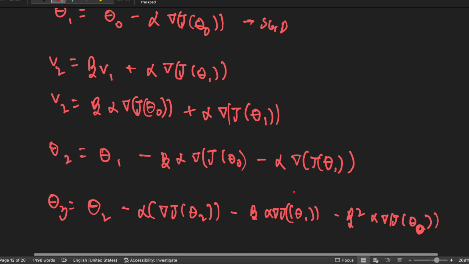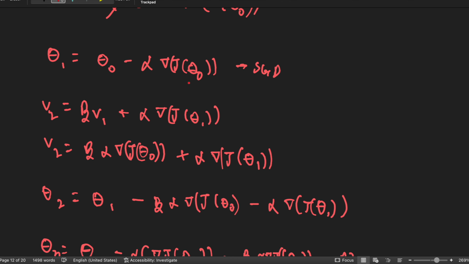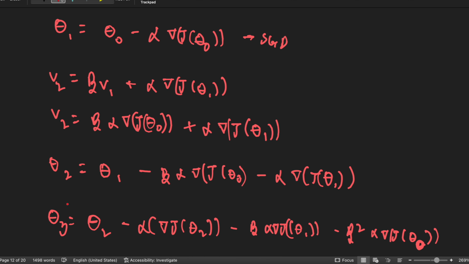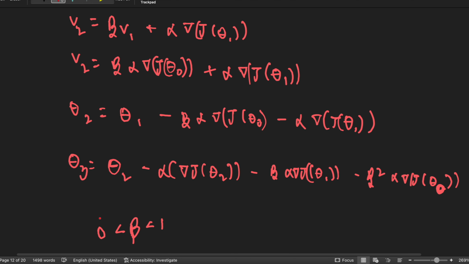In theta 1 calculation, the theta 0 gradient was contributing a good amount, and as soon as we reached theta 2, it contributed lesser because beta was multiplied to it. And in theta 3, theta 0, the oldest initial weight parameter, is contributing lesser.